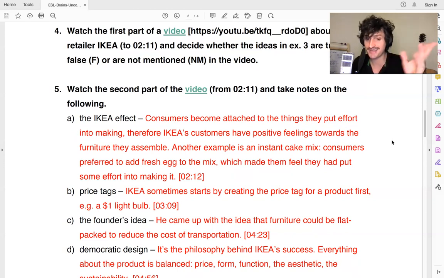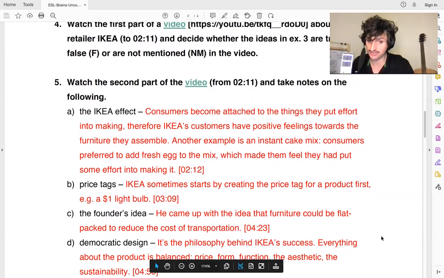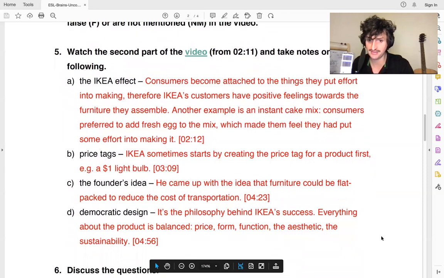It was an issue in the past. It is a big issue right now, but IKEA, they solve this problem because they transport the goods, the furniture, in these flat packed boxes. So they save a lot of money, and therefore they can sell it cheaper to the consumers. Absolutely fantastic idea. Great business idea.